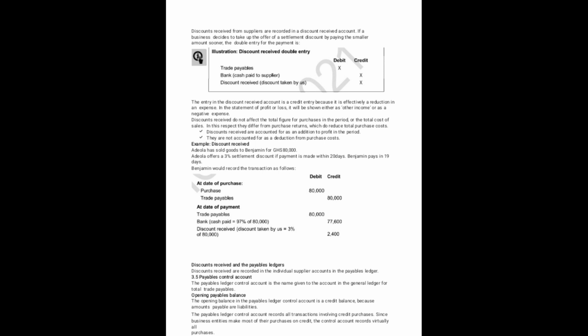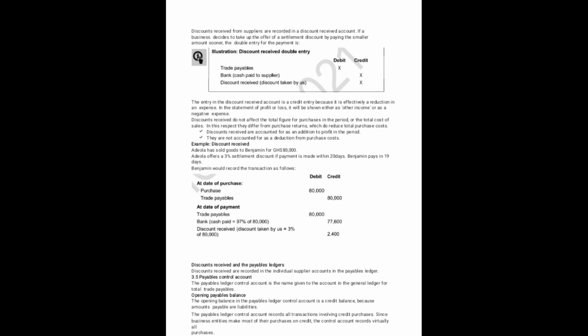Discounts received from suppliers are recorded in the discount received account. If a business decides to take up the offer of a settlement discount by paying the smaller amount sooner, the double entry for the payment is: debit trade payables, because the business is receiving a discount. Then credit bank, that is cash paid to the supplier.